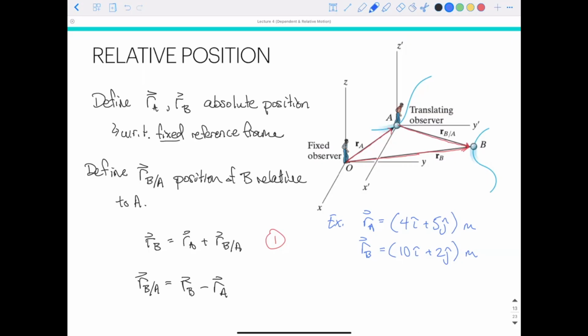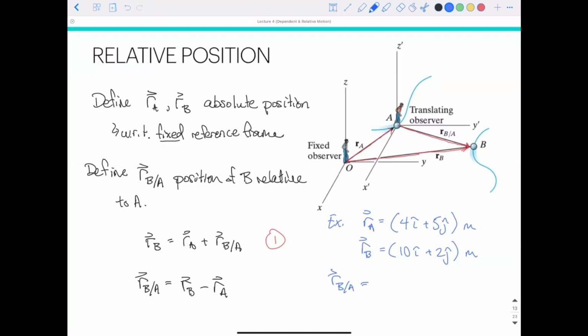So vectors are just our x and y components multiplied by their direction vectors, and then our RB/A, our relative position of B with respect to A, would just be equal to RB minus RA.